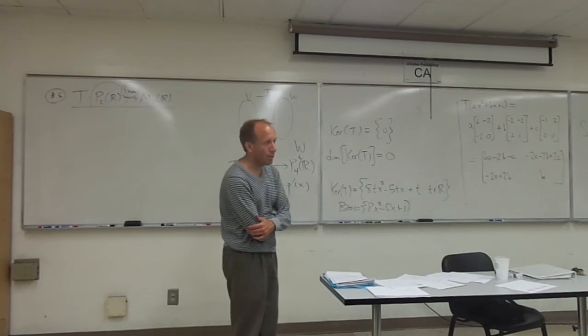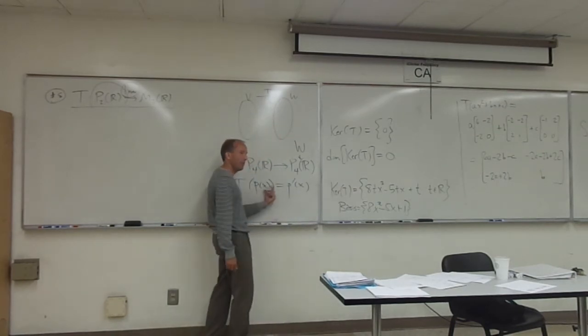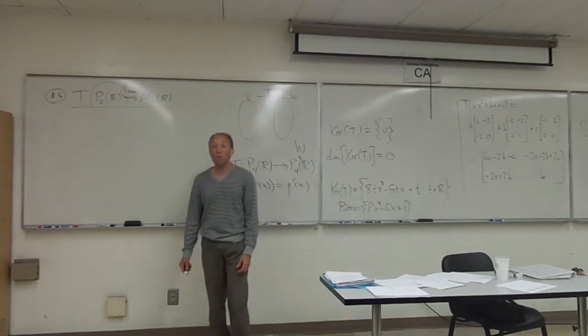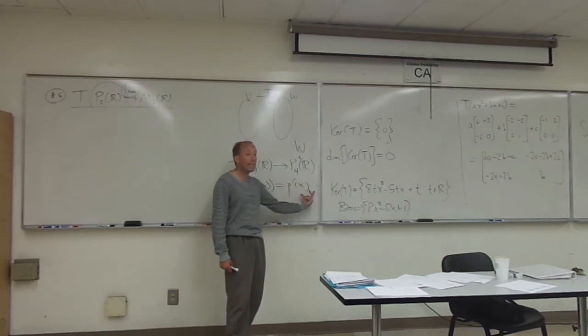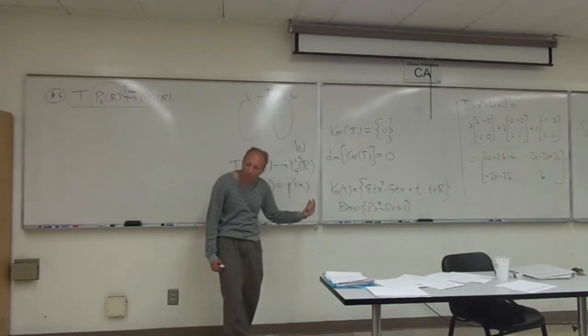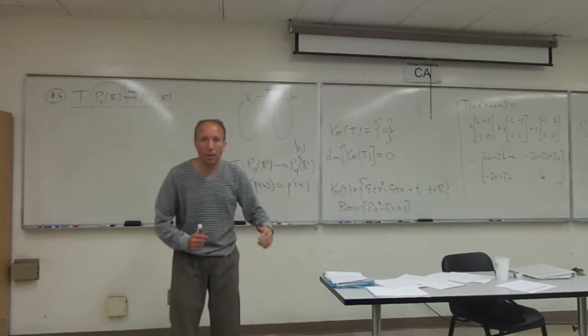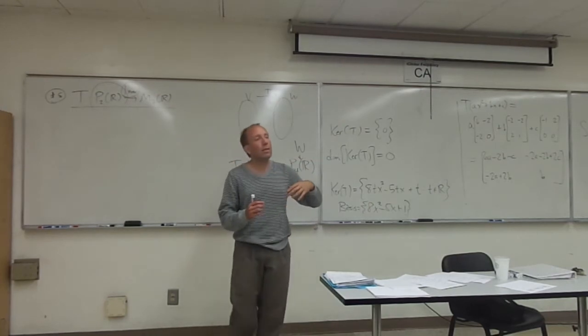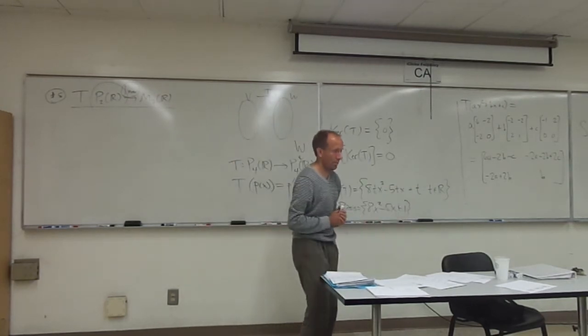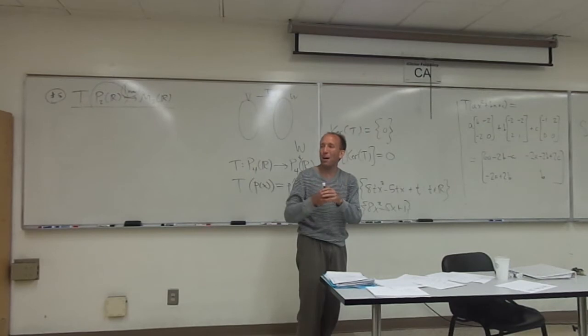Because if you take an x to the 4th and you differentiate it, you're down to x cubed. So the outputs over here, the things you can get as answers on the right-hand side, are only part of W. W is all polynomials of degree 4 or less. You're only getting some of those vectors in W to show up as outputs.